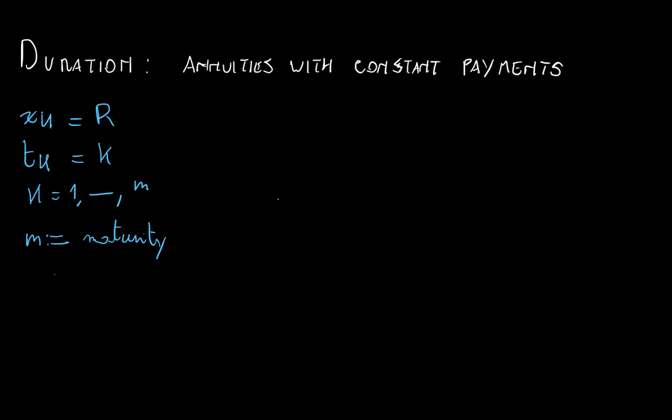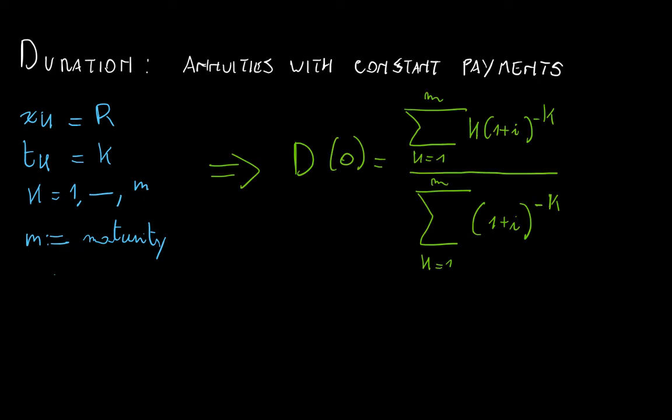Since it has constant payments, xk will be equal to r, constant. We will denote tk equal to k, and therefore the Macaulay's duration of this instrument is defined in this way.